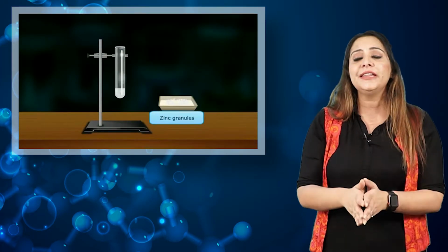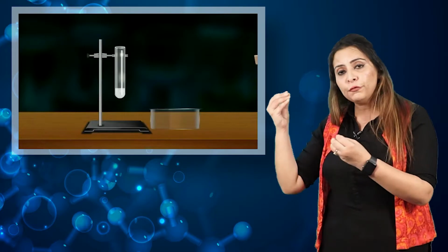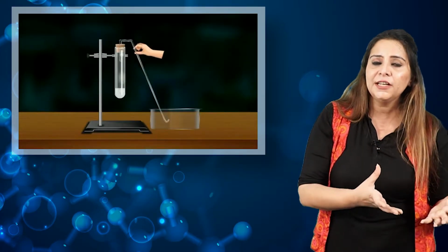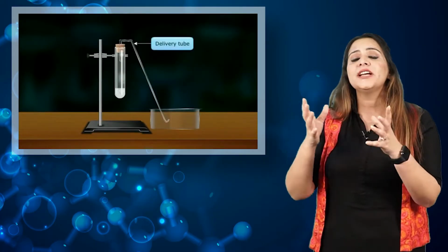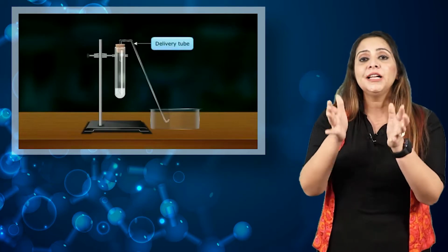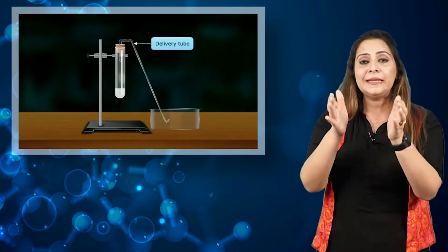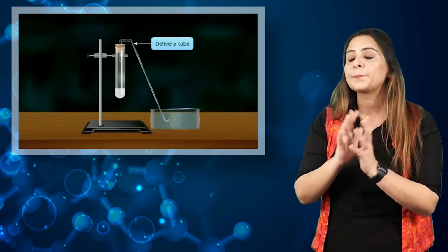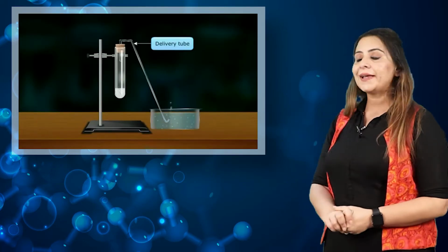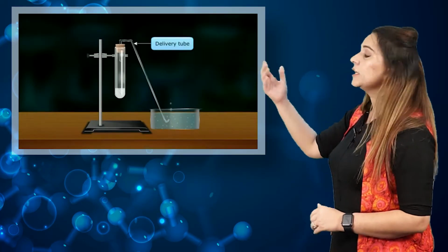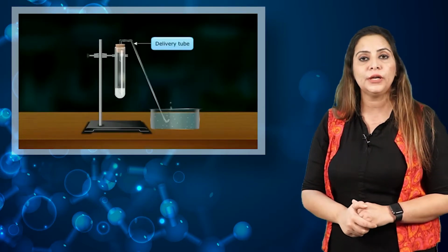We are just concerned with the composition, whether it is made up of copper, iron, or zinc. We are just concerned with the chemical constitution, what exactly the substance is made of, right? So, moving on to this activity, reacting zinc granules with dilute sulfuric acid.